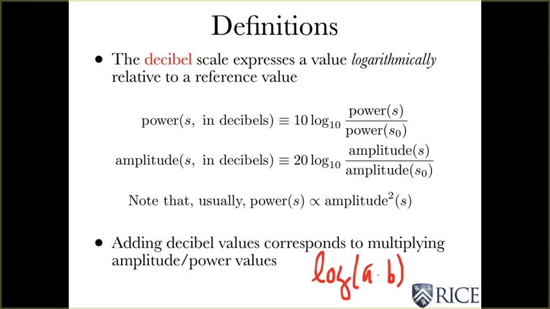We know that when you put systems in cascade, their transfer functions multiply. And so you can talk about what the overall transfer function is in decibels by just adding the transfer function of each expressed in decibels.